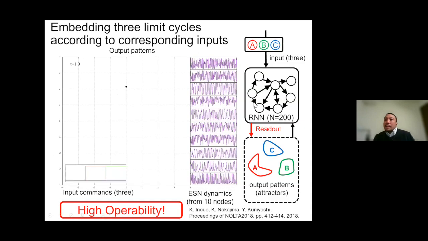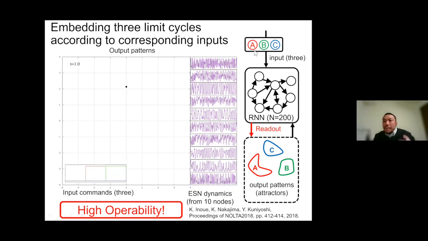And the task is like this. According to the input, we assume that this is a sensory input coming from the environment. So we inject some input. Then according to this input, this reservoir should output some corresponding oscillatory pattern.